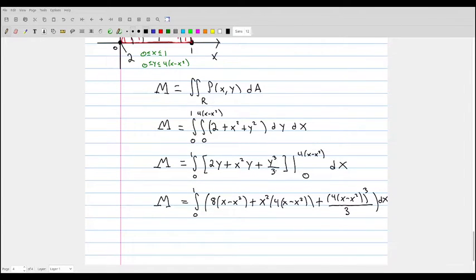So, for instance, if our density function's units are being measured in kilograms, say, per meter squared, then the value of this integral, or the mass, will have units of just kilograms.